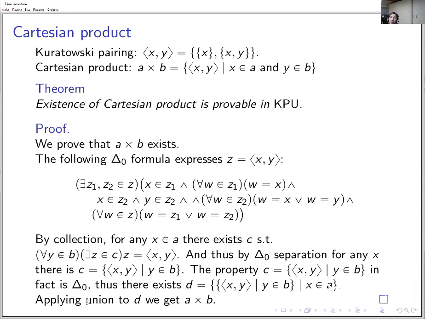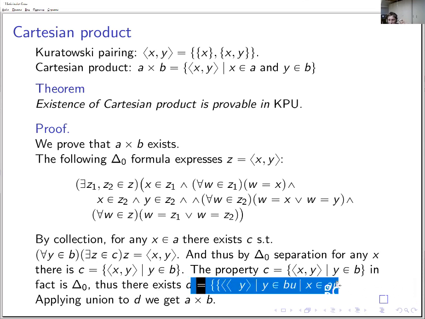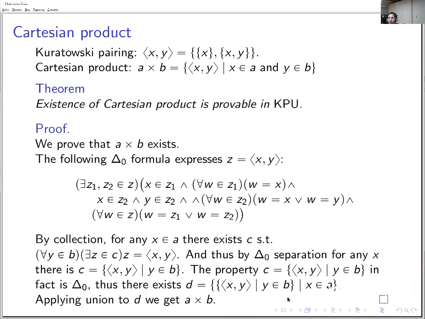Then we can remove all the elements of the set that are not sections of our desired Cartesian product, and finally we have the set D that consists of all the sections of our desired Cartesian product. Finally, we apply the axiom of union to this set D, and we obtain our Cartesian product. Okay, so it's very straightforward.